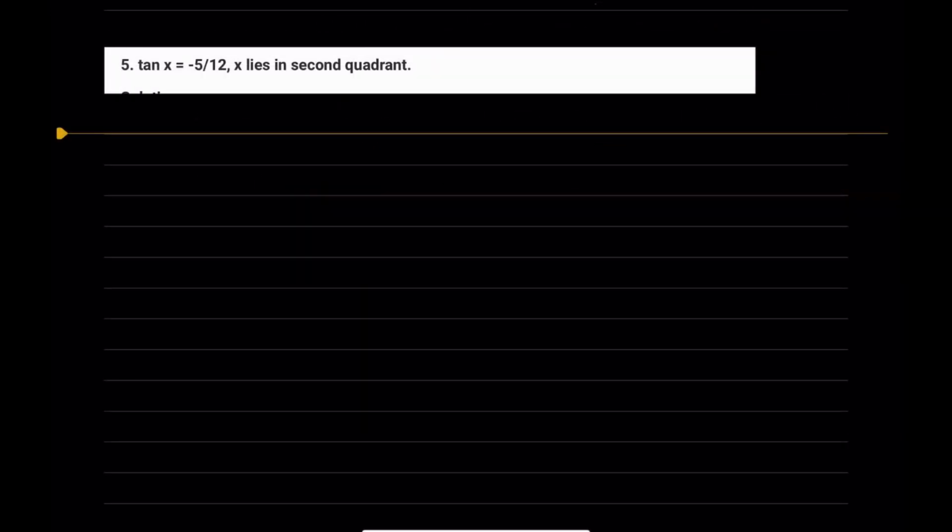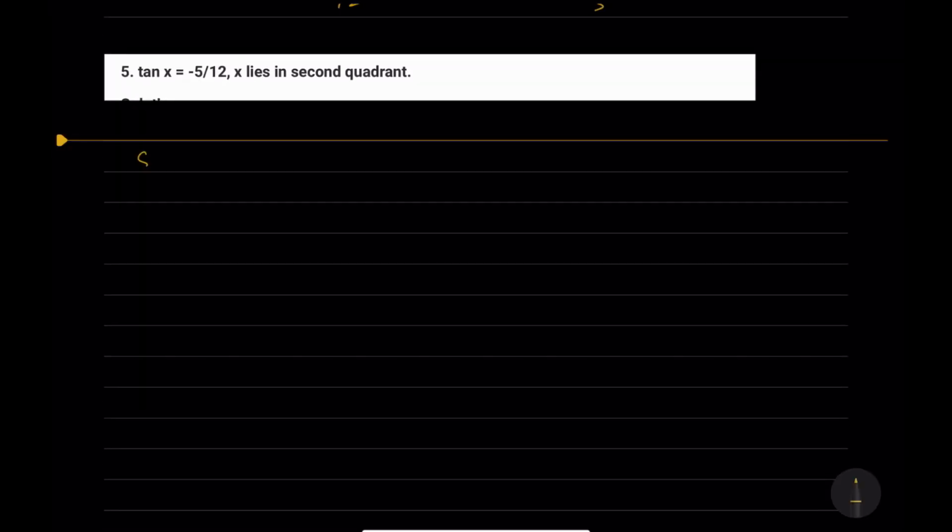Next problem, we have tan x is equal to minus 5 by 12. X lies in the second quadrant. So in the solution part, since x lies in the second quadrant, in the second quadrant we have sine and cosecant as positive.